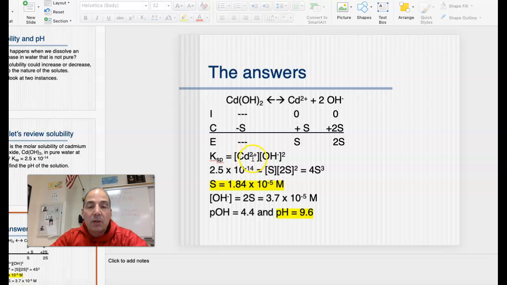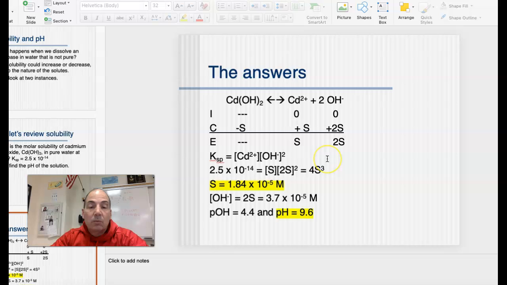KSP would be the products over reactants, but the reactant's a solid. So we have cadmium times hydroxide squared. We substitute in what we know. KSP is 2.5 times 10 to the -14. Cadmium is S. Hydroxide is 2S, quantity squared. So I get 4S cubed. Divide by 4, take the cube root, and the solubility is 1.84 times 10 to the -5 molar.